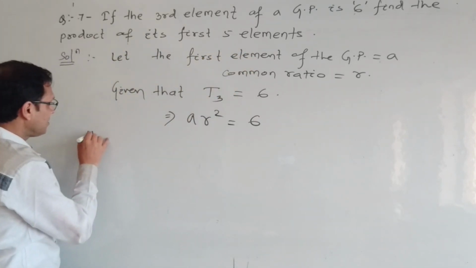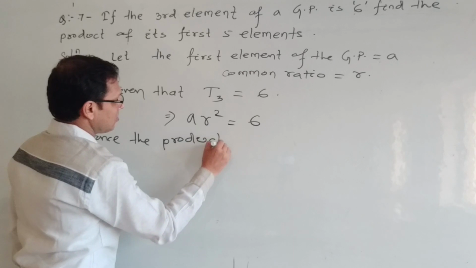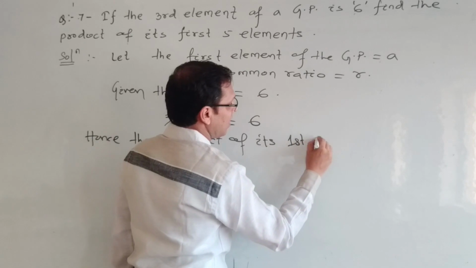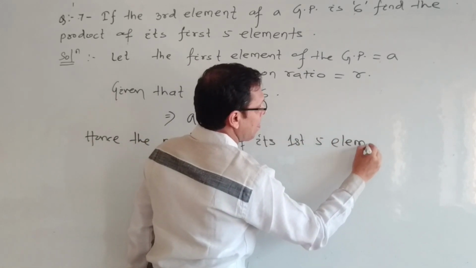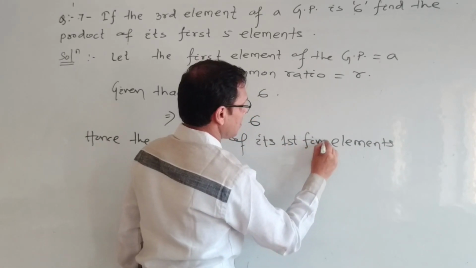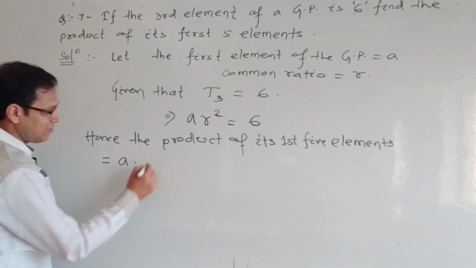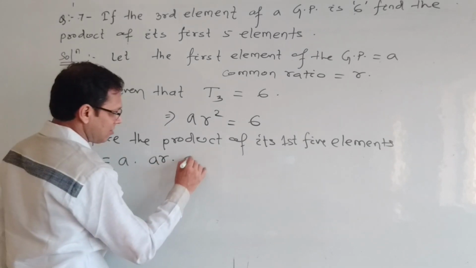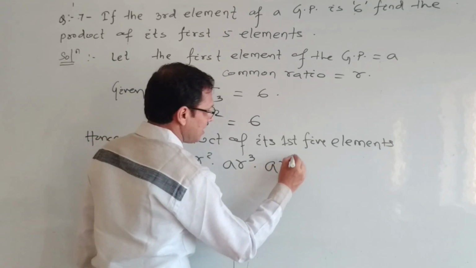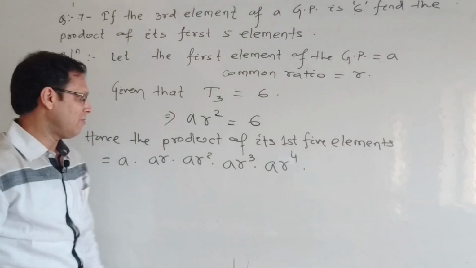You can write the first 5 elements: A is the first term, second term is AR, third term is AR square, fourth term is AR cube, fifth term is AR to the power 4. So we take the product of the first 5 elements.